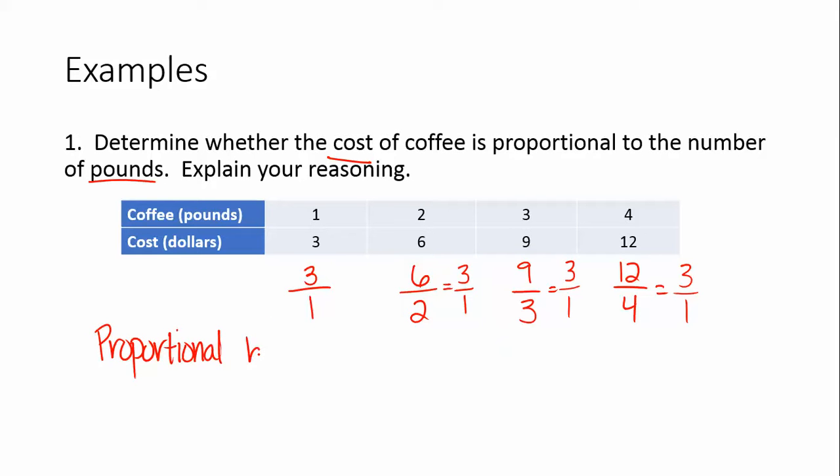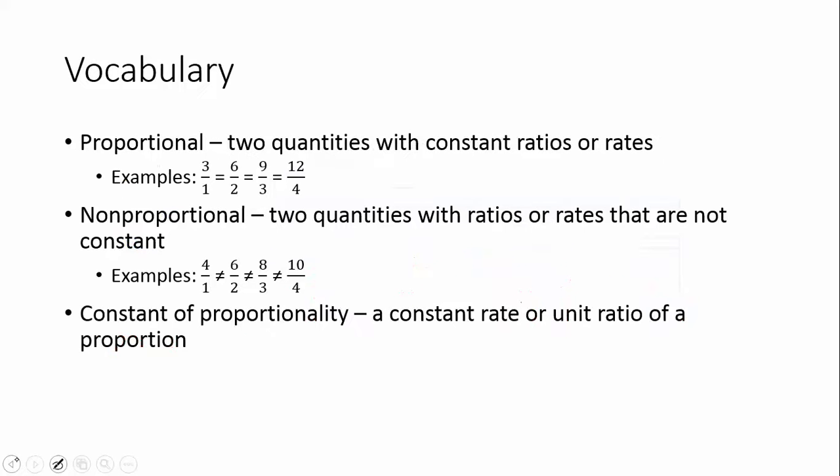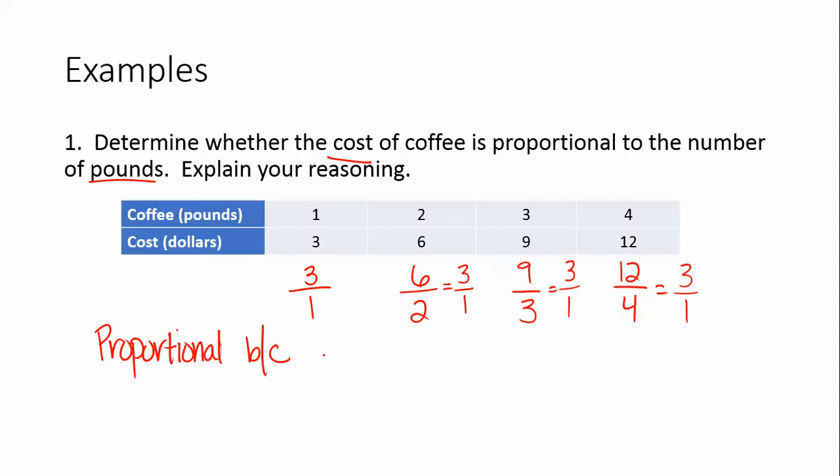So it's proportional because, and if you want, you can go back and look at the definition, the quantities have a constant ratio or a rate. Because there is a constant ratio among the data.